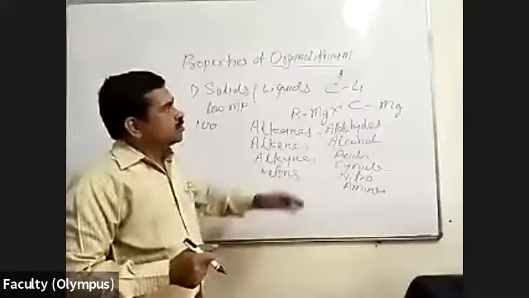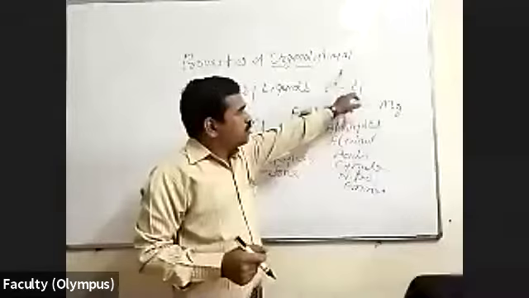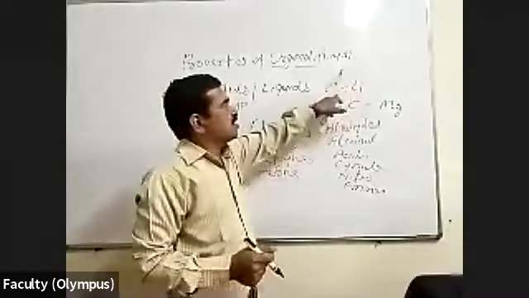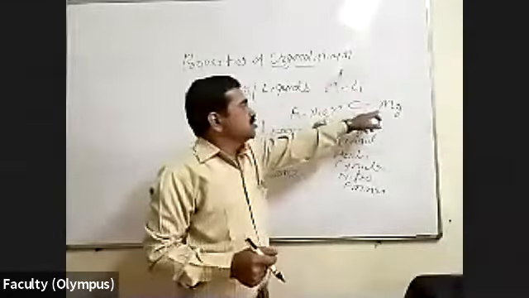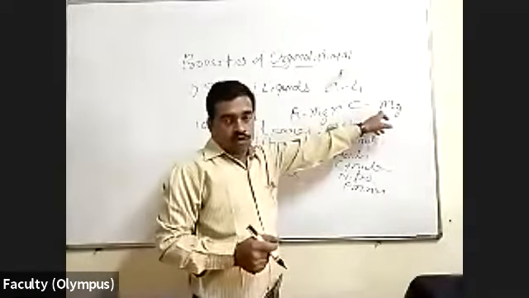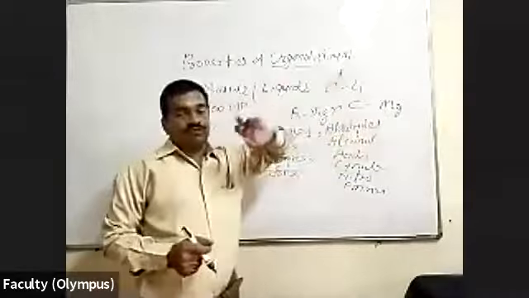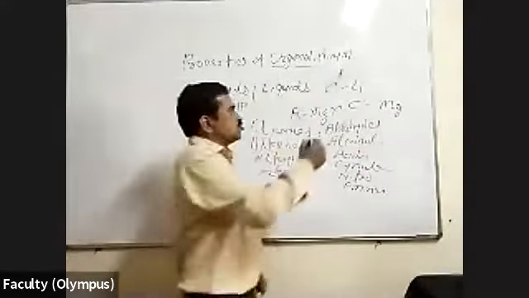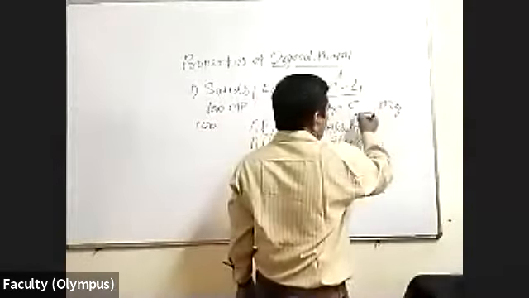Because the electronegativity of lithium is less, carbon is more. Magnesium is somewhat more electronegative than lithium. So this bond is more polar than this.